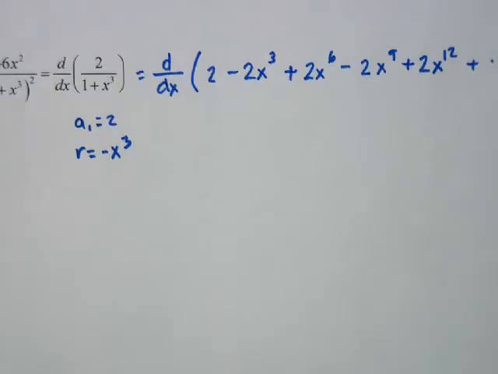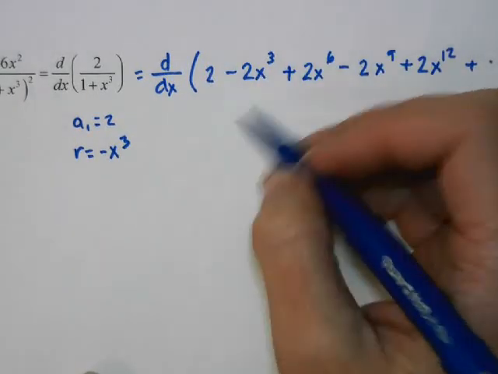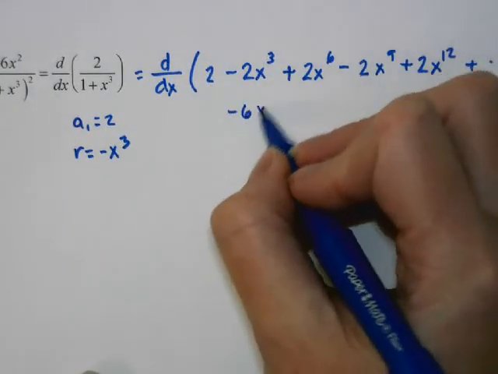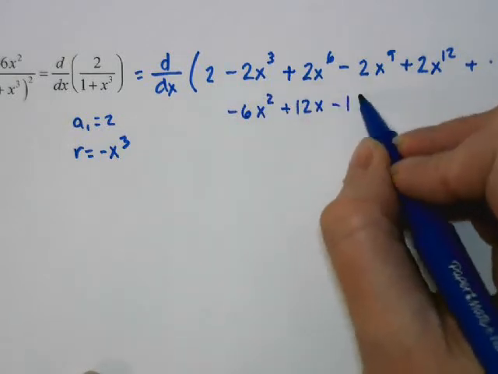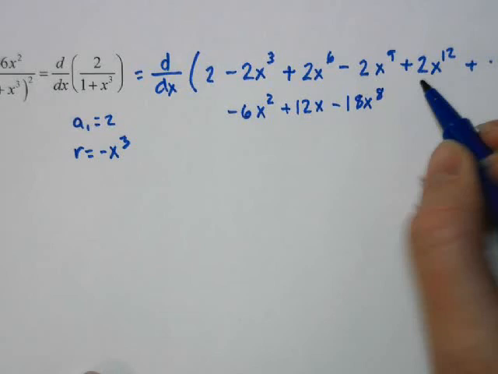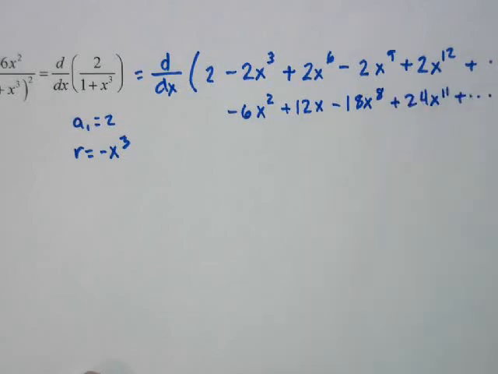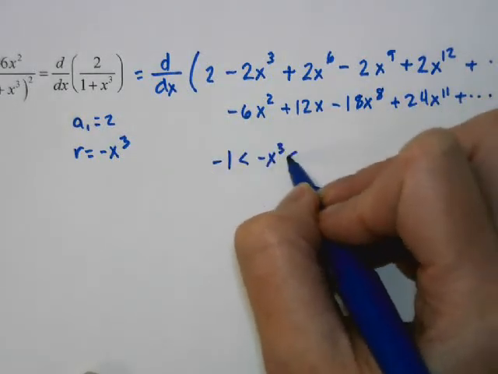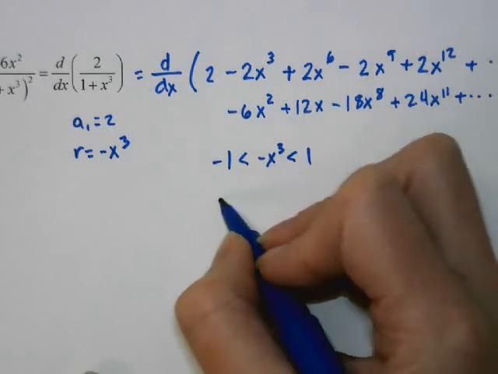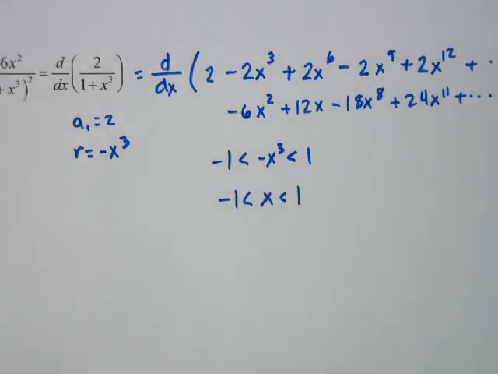Okay, our last one. Then I'm going to take the derivative. The derivative of 2 is 0, so we're going to have -6x squared plus 12x minus 18x to the 8th plus 24x to the 11th. That's my series. The interval is when that's between -1 and 1, which is when x is between -1 and 1.